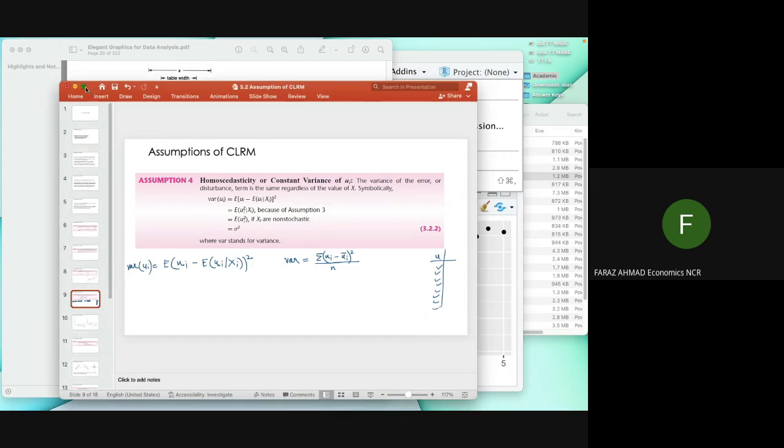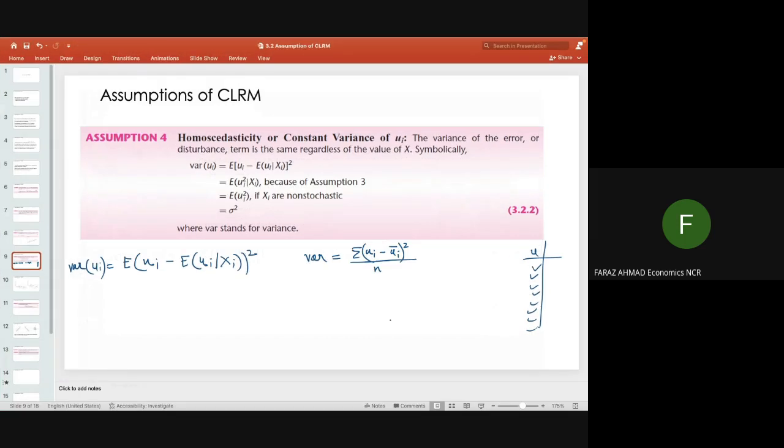All right. So, for example, if there's a variable, what is the mean of u? It is sum of u divided by n, right?